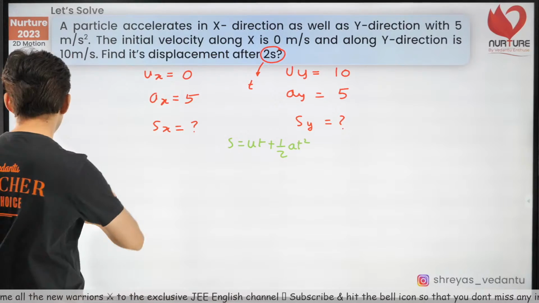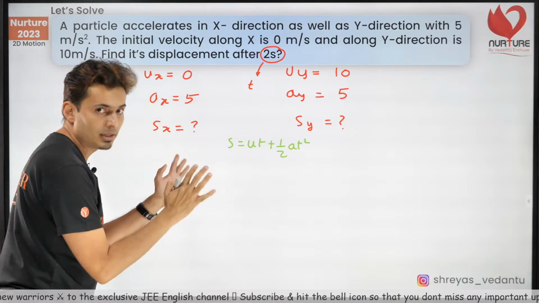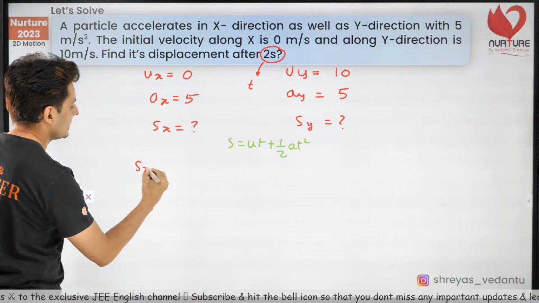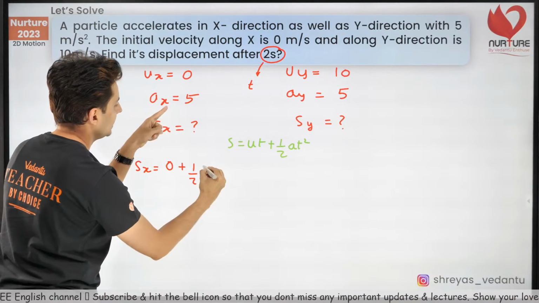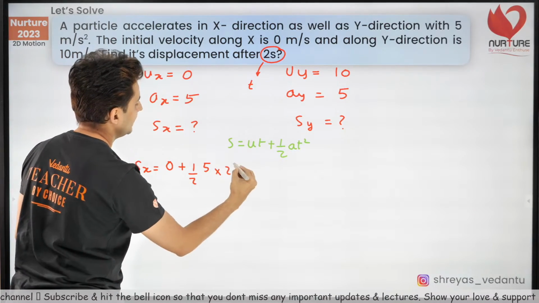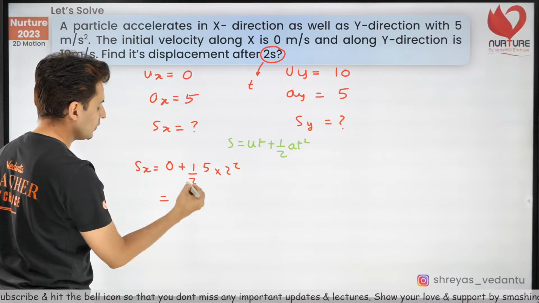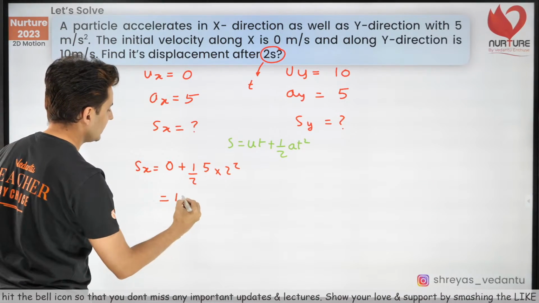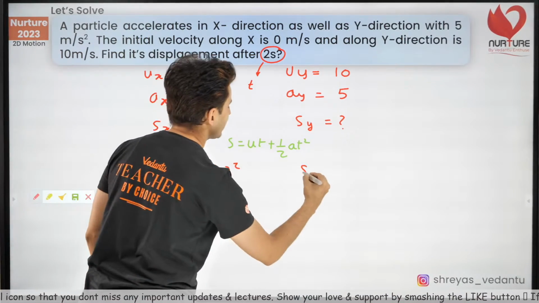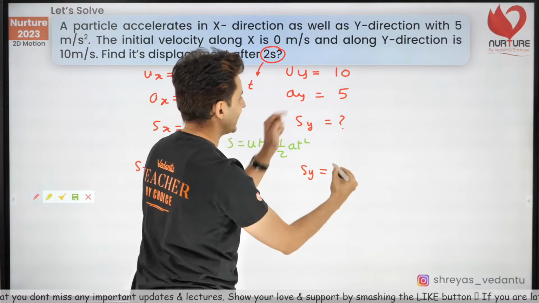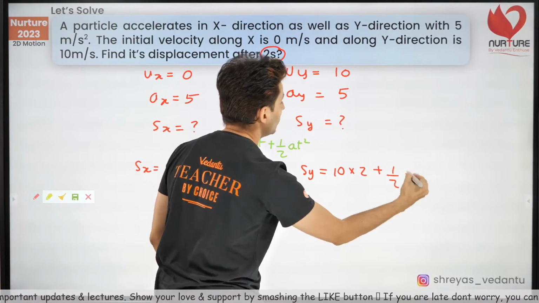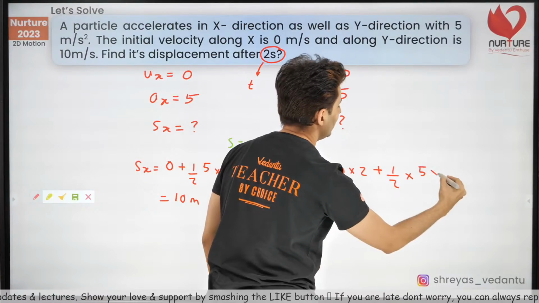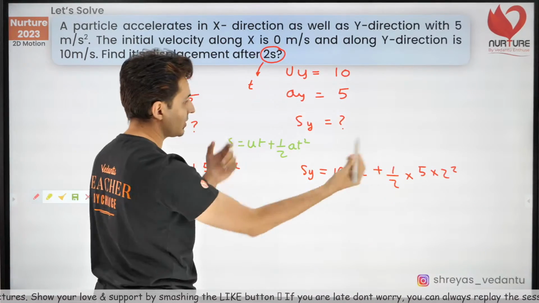Let's see how many of you are going to do this really quick. I will explain it slowly though. So Sx is ux into t plus half ax into t square. 2 square is 4, 4 by 2 is 2, 2 into 5, 10 meters. Sy is uy, which is 10, into time, plus half into acceleration, which is 5, into t square, which is 2 square.